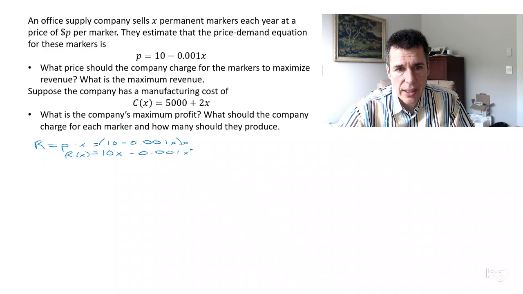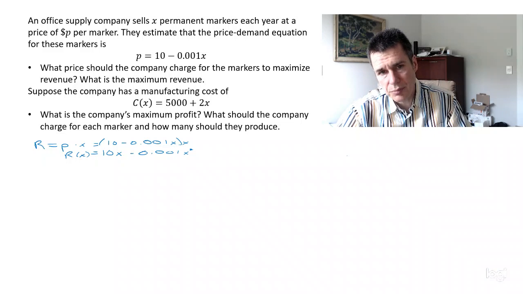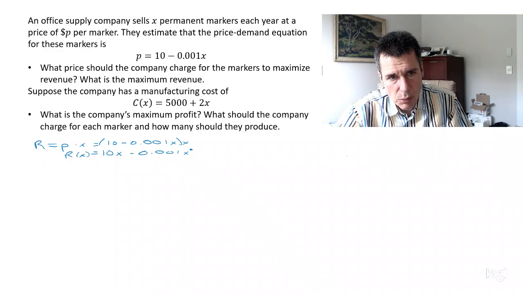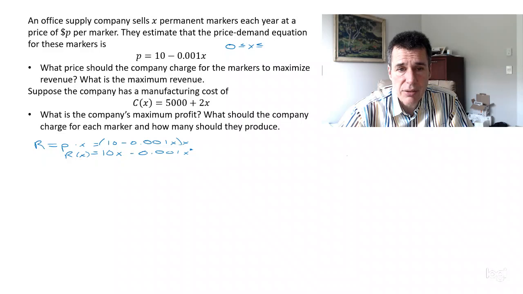We want to find the maximum revenue, which means we need to check what is the range of valid X values for our price demand equation. Clearly, the smallest X that we can have is 0, and then the largest X, if we want 10 here, is 10,000.